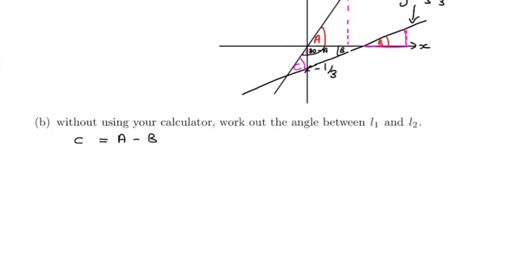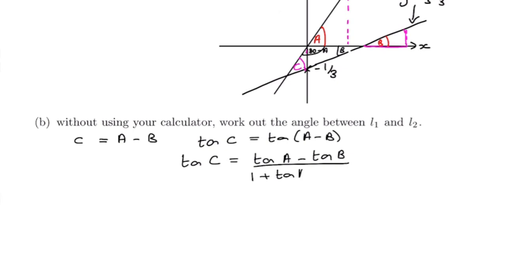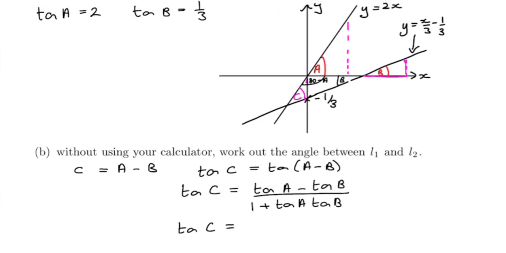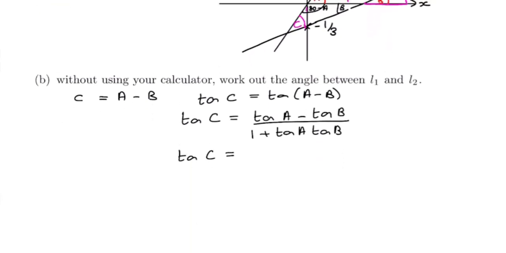Therefore, if I tan both sides, I get tan C equals tan of A minus B. I expand using one of the addition rules, and I get tan A minus tan B over 1 plus tan A tan B. Therefore tan C equals, and if you remember, tan A was 2 and tan B was a third, so 2 minus a third over 1 plus 2 times a third.